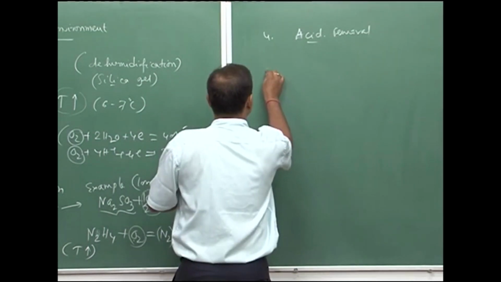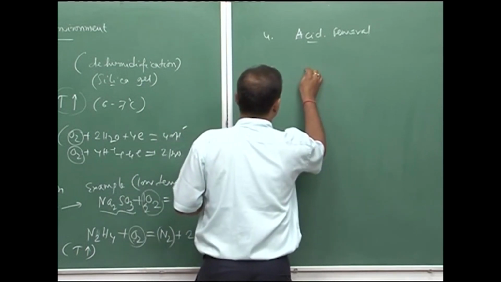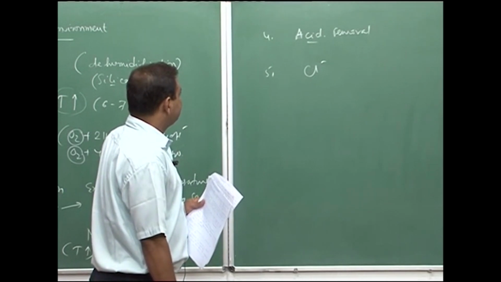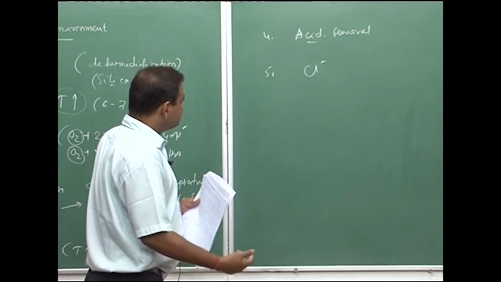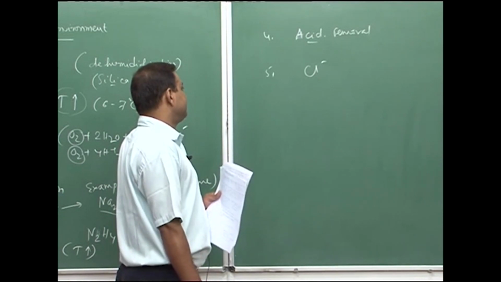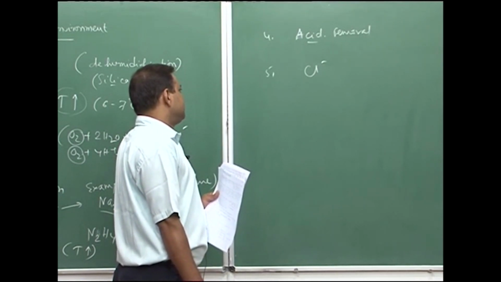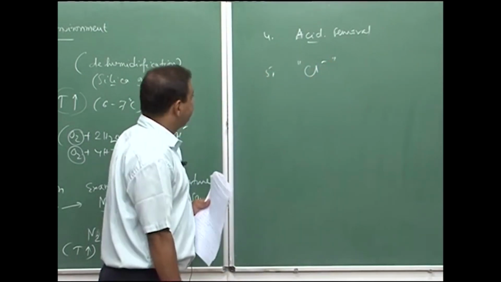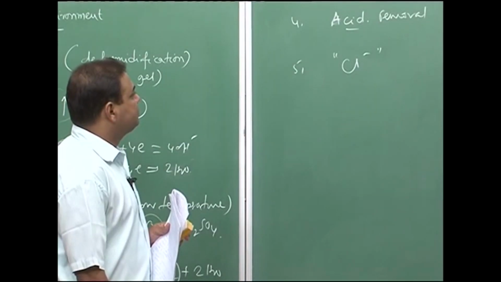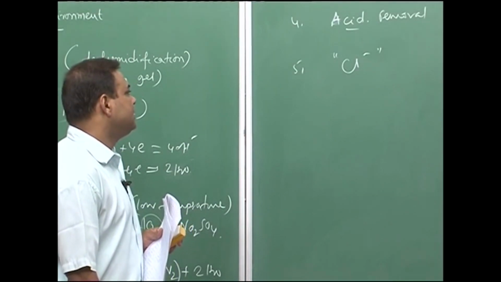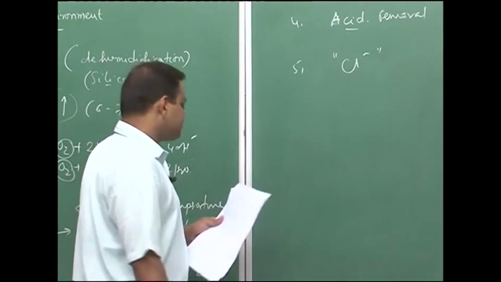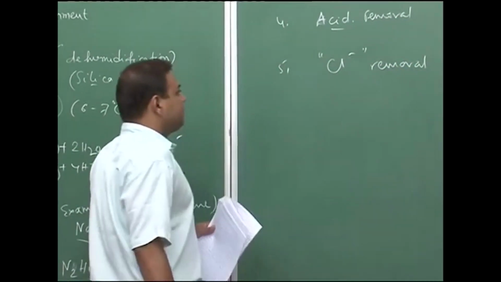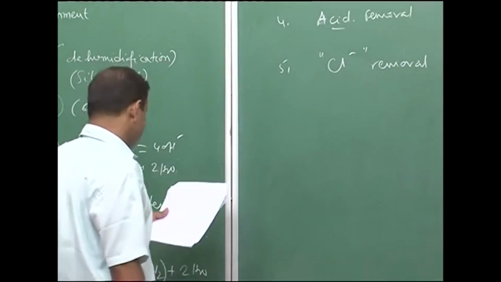We can also get rid of chlorine ion, since chlorine ion is a very active ion which leads to pitting or crevice corrosion in a particular system, and it also acts negatively on passivity. If we have chlorine ion, then passive layer formation will be delayed. So, if we remove this, we can also increase the corrosion resistance.